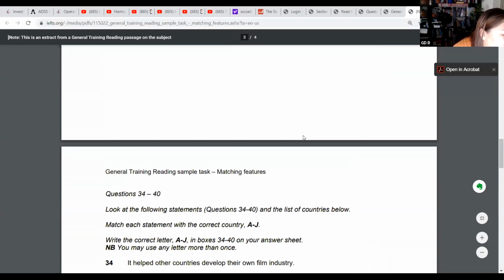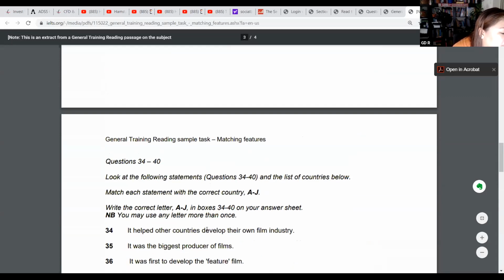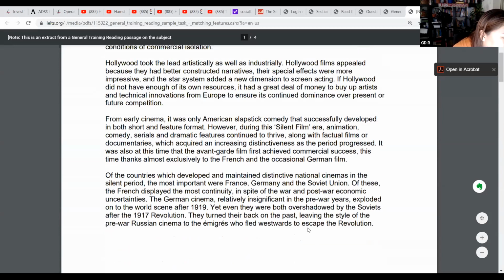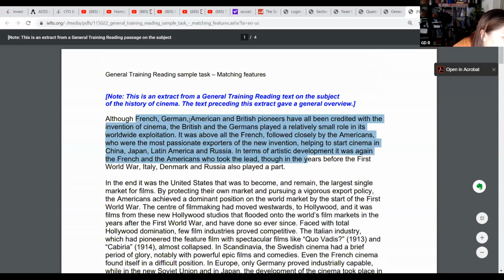What is the question? Help other countries develop their own film industry. So let's read the first paragraph. "Although French, it was above all the French, followed closely by the Americans, who were the most passionate exporters of the new invention." So sabi above all the French.